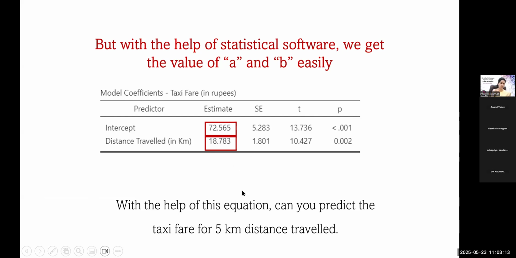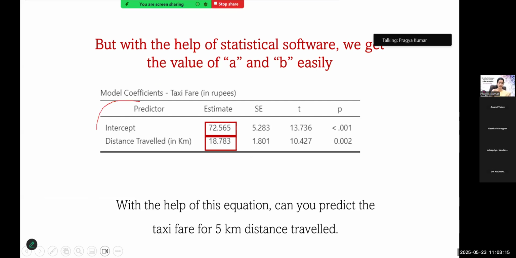In the first column, it will write the predictor. The predictor is the distance traveled in kilometers, and this is the taxi fare, which is my dependent variable. This estimate, 72.565, is my intercept. That means this is my A. Remember, A was the intercept. And this is my B. B means coefficient. Right now, I'm not focusing on the standard error, T and P.